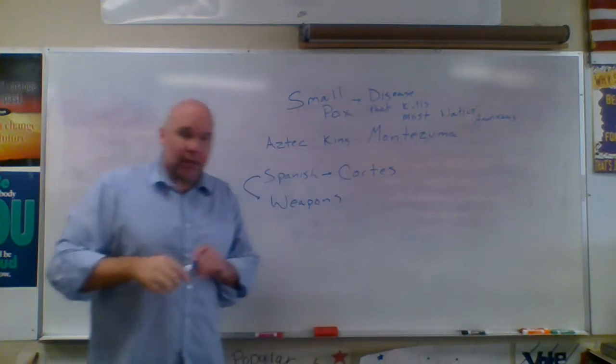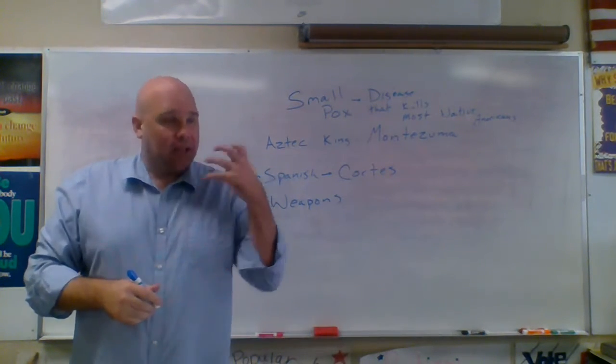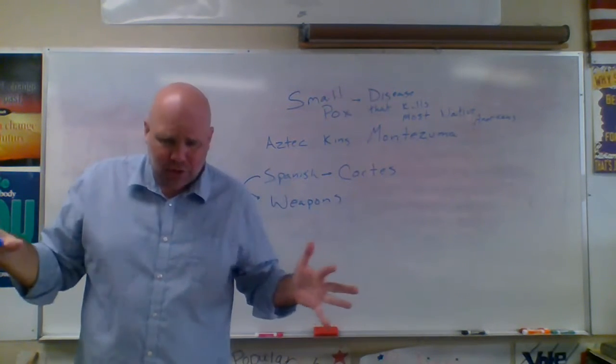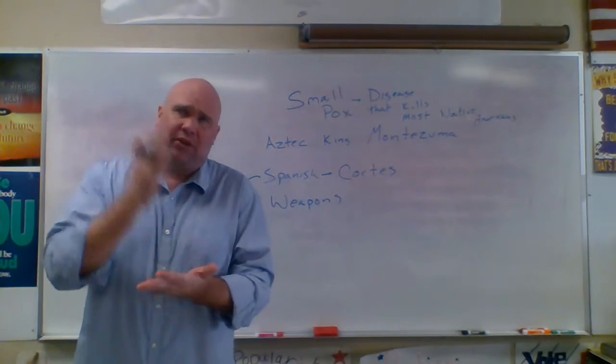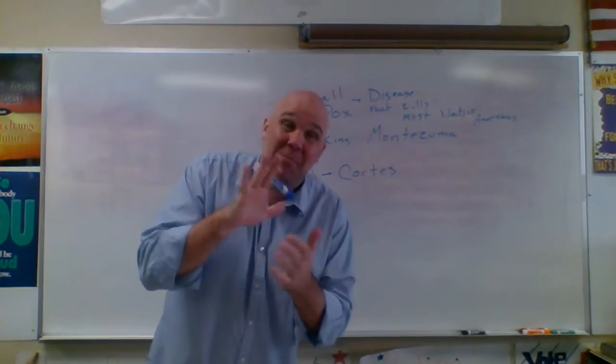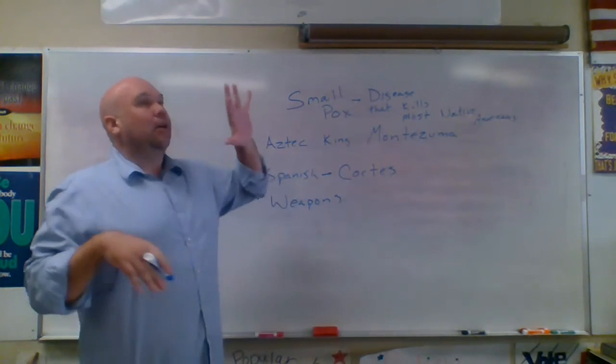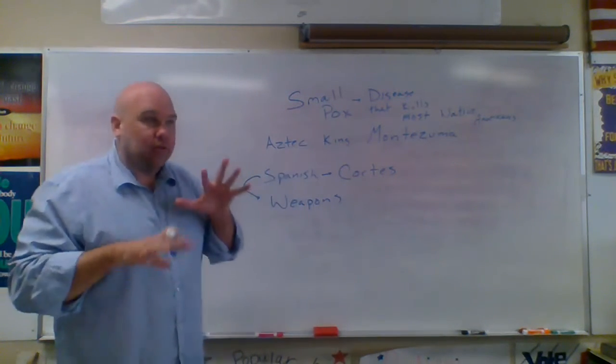The people living here had no immunity to this disease. If they caught smallpox, it would just ravage through areas. It killed up to like 50% of the population. In some estimates, there's like 80 million, 90 million people who died of smallpox, Native Americans who did. It is a massive disease.